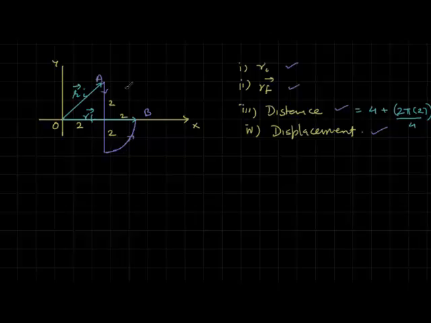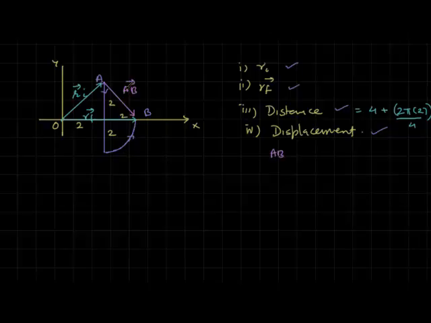Displacement is simply the line joining the initial to final position. So remember that in this case it may look like this is the displacement, but no, the displacement is the line joining the initial and final position vectors. So it is AB vector.